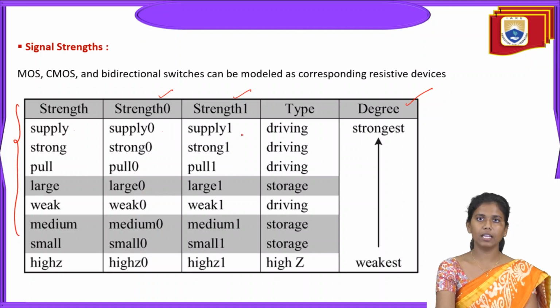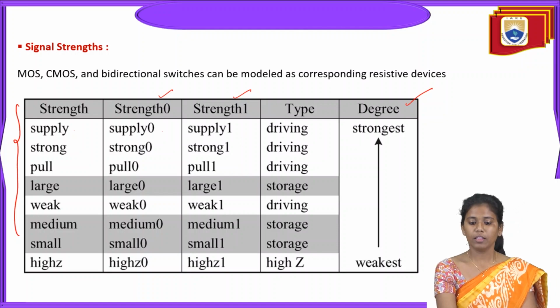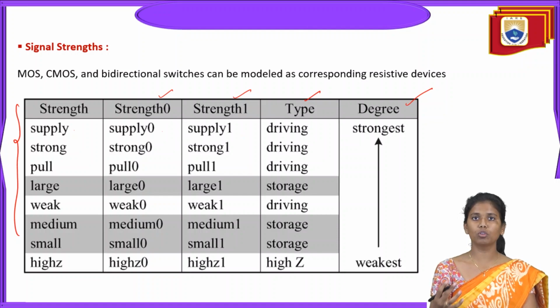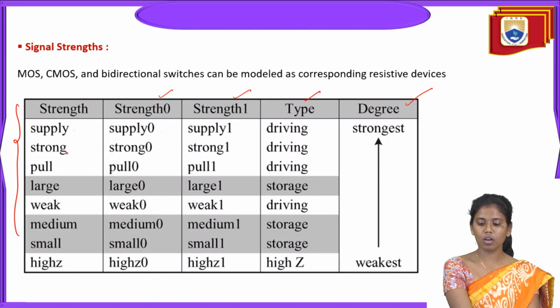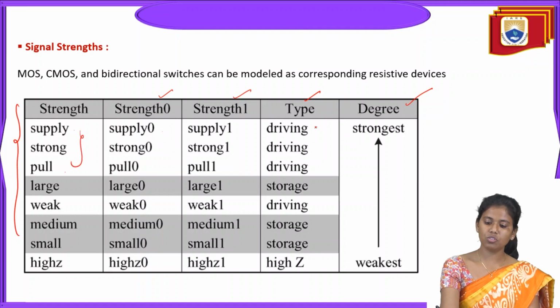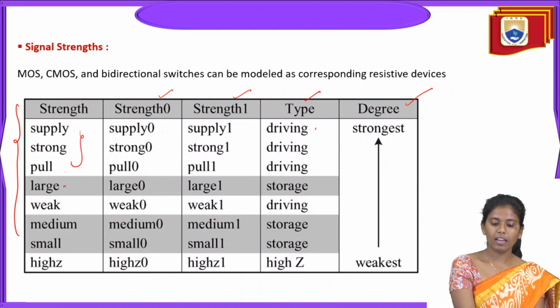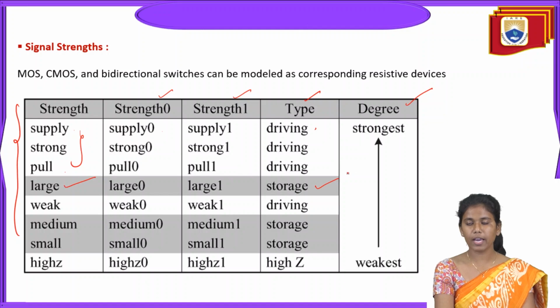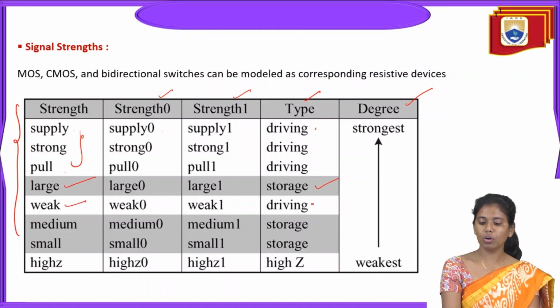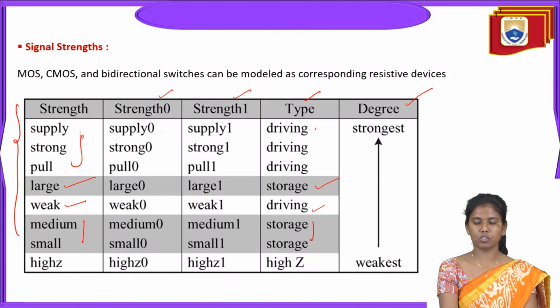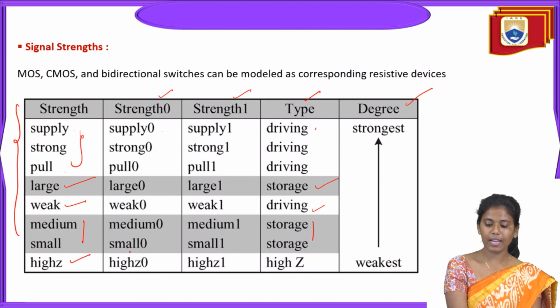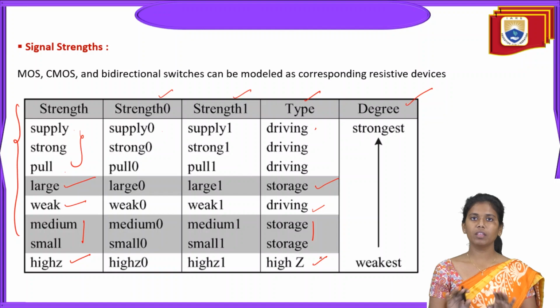And then finally the type. In the fourth column, we decide what sort of signal this is. Supply, strong and pull come under the driving type. Large is a storage type, and weak is also a driving type. Medium and small are storage as well, and high impedance is simply high impedance.